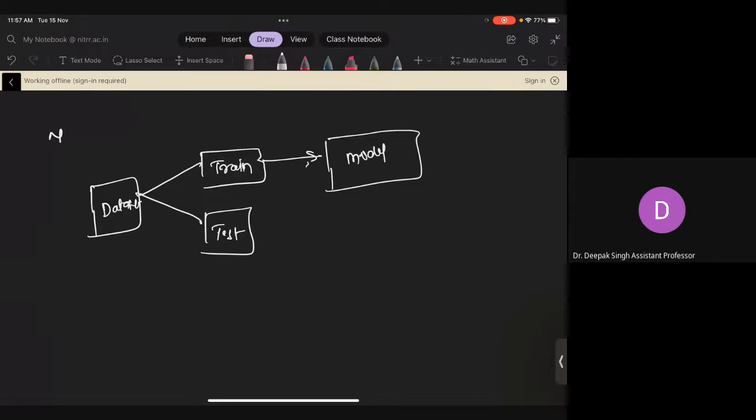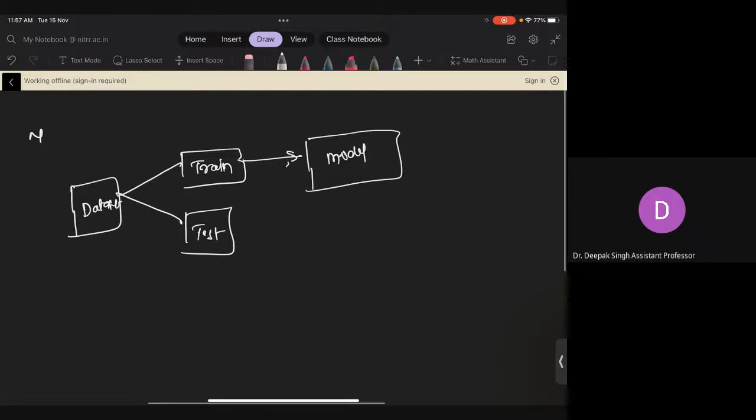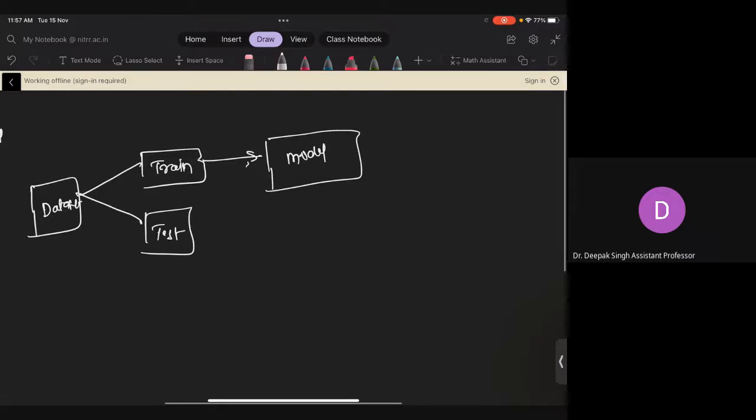This is purely the case when I am expecting that my data set is free of noise. I do not have to go for any data cleaning or data pre-processing. It's a very well formed data set. Now we train the model.